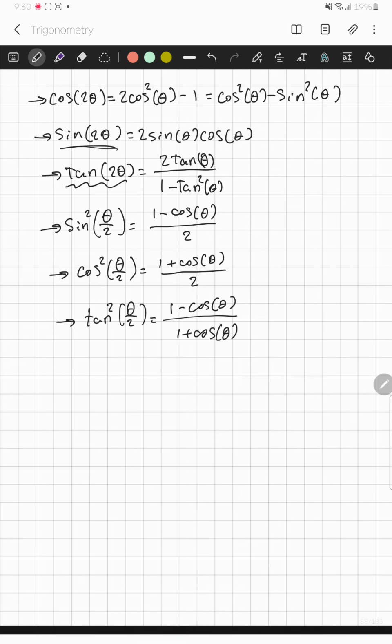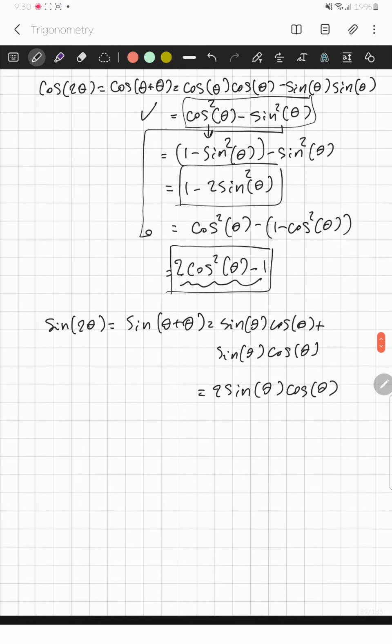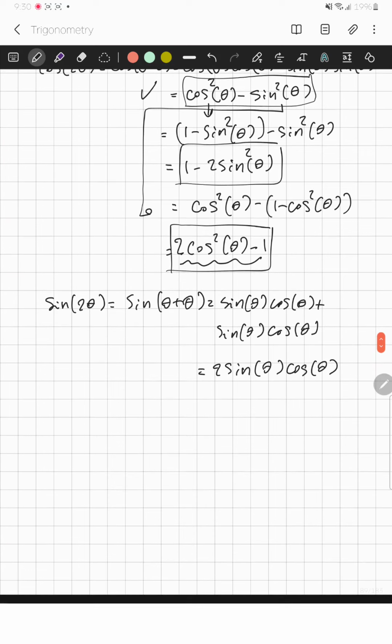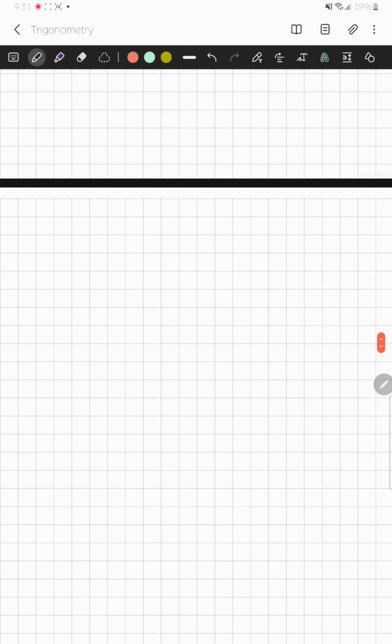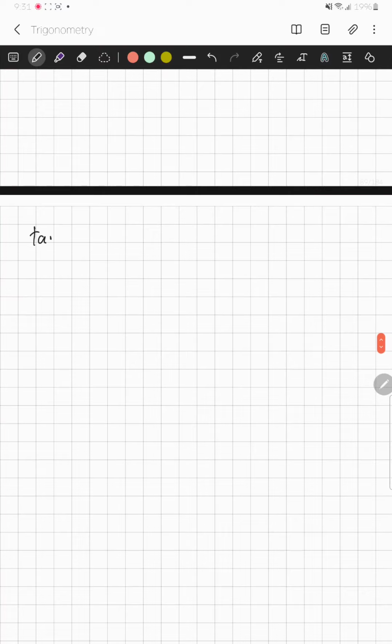So now we have the other equation, tan 2 theta. First of all, we have to solve for tan of a plus b.